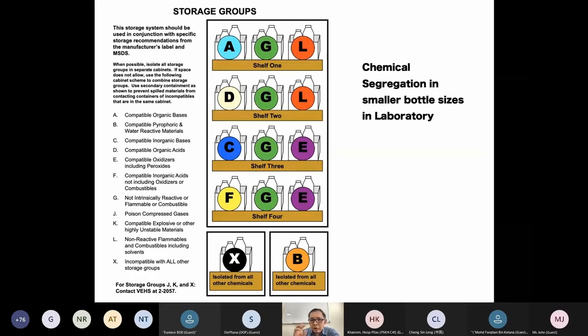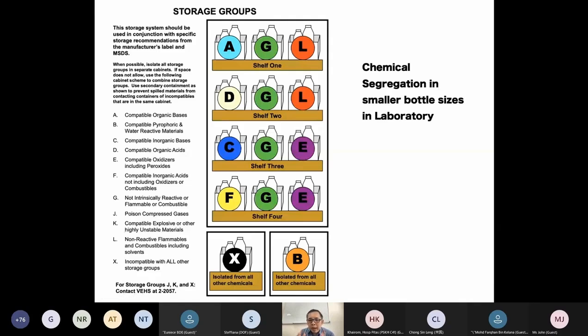I hope you got the concept already, which means you segregate all the corrosives on one side, but start with organic. When you go down, go for inorganic, because inorganic is more corrosive. Then the last one is E. E is basically the oxidizer. So you separate it from the acid, and of course also the solvent.